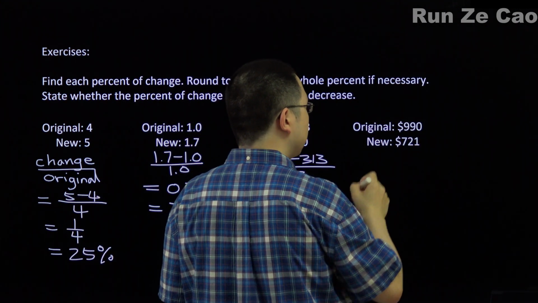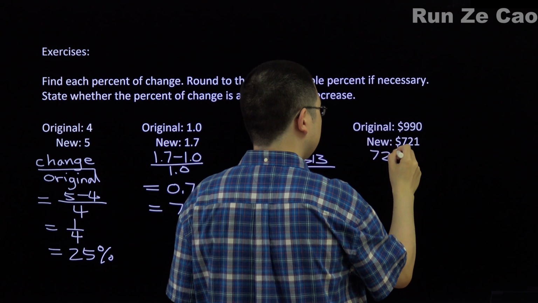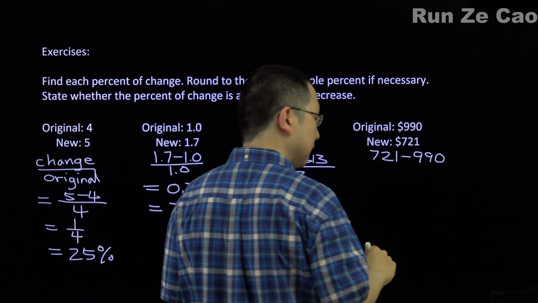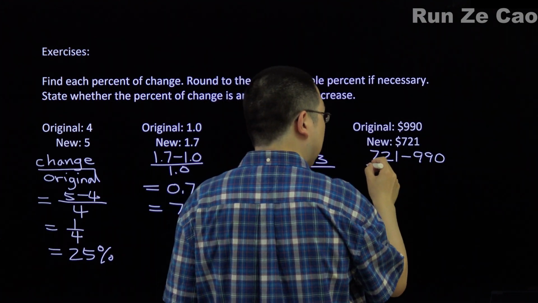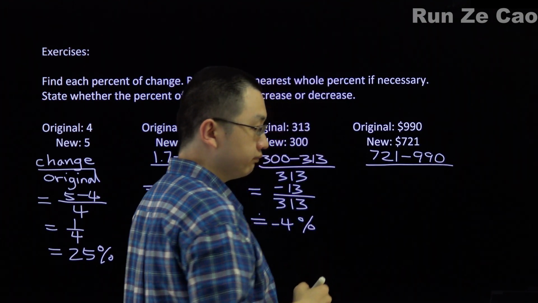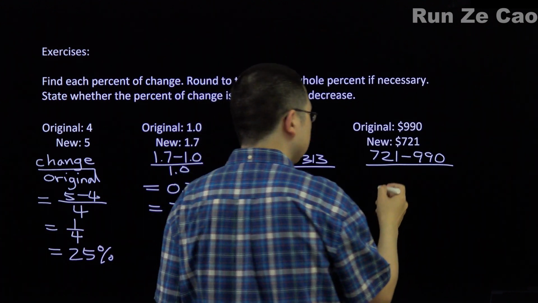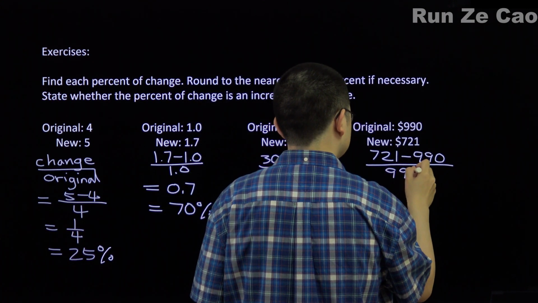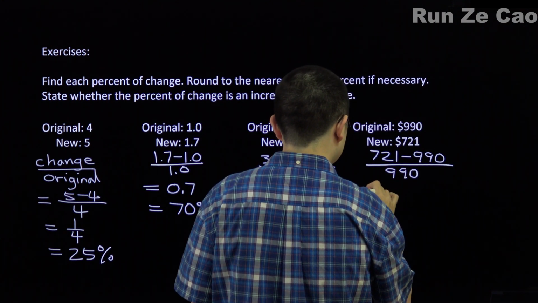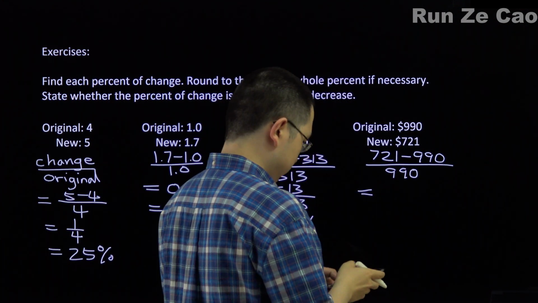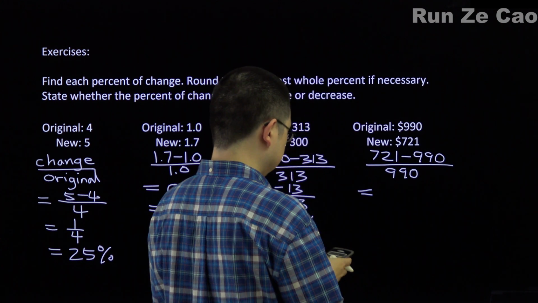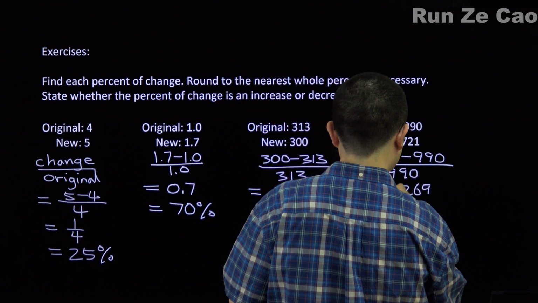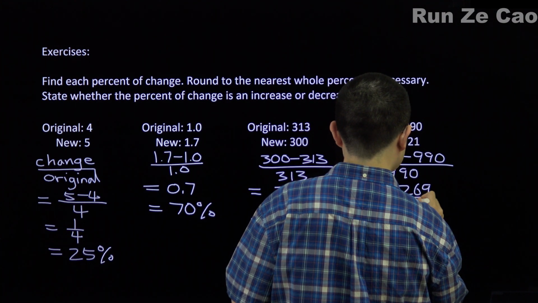And then if you have the new being 721, the original was 990. The difference is the new minus the old. And you divide by the original. So 721 minus 990, negative 269 over 990.